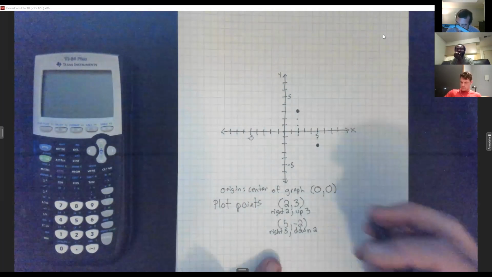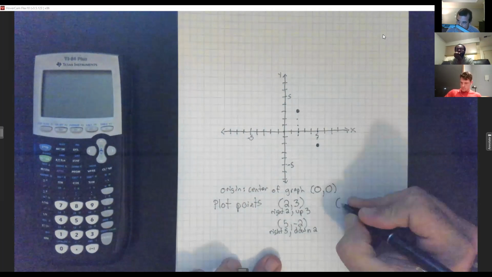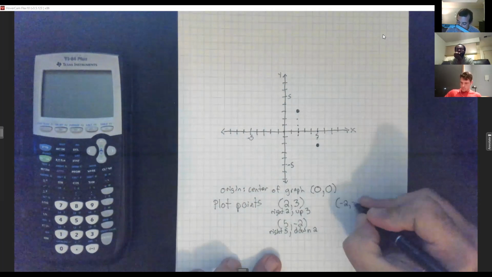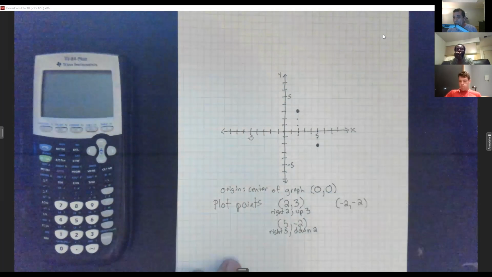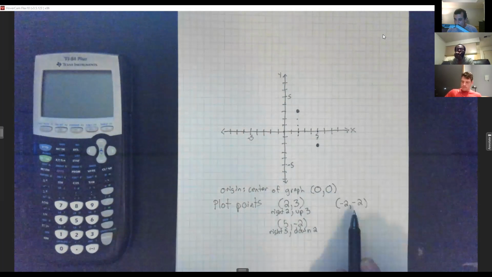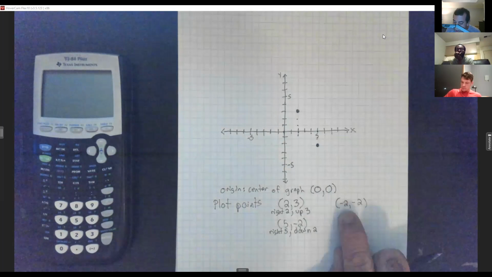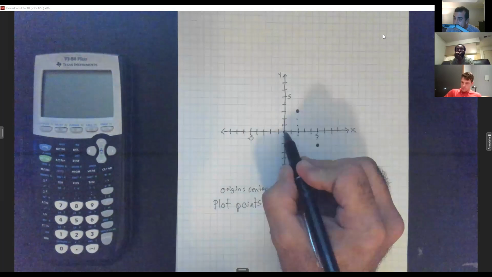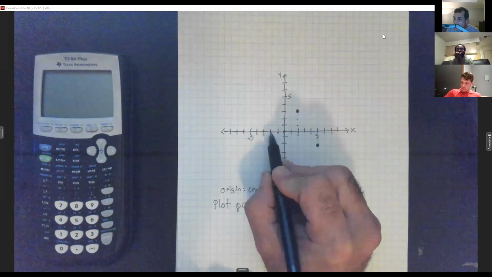Let's try a -2, -2. So both my numbers are going to be negative this time. So starting in the middle, when the x is negative, I'm going to go left 2 units. So I'll be right there at -2 on the x-axis.